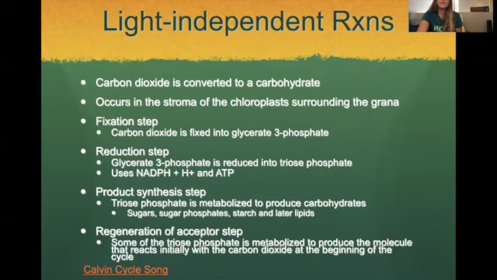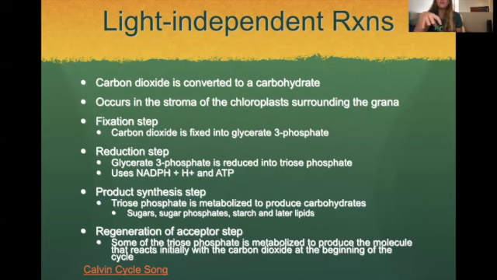And the first step is fixation. So carbon dioxide is fixed into glycerate 3-phosphate. Then glycerate 3-phosphate is reduced into triose phosphate. This reduction phase uses a little bit of NADPH and a little bit of ATP. Then our product is synthesized. Well, what's our product? It's glucose.